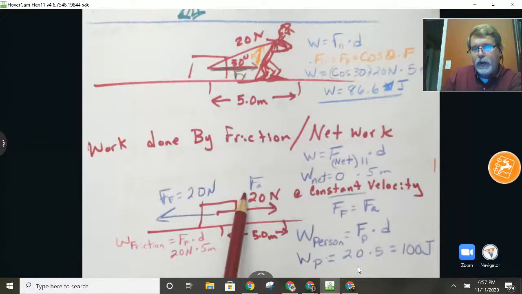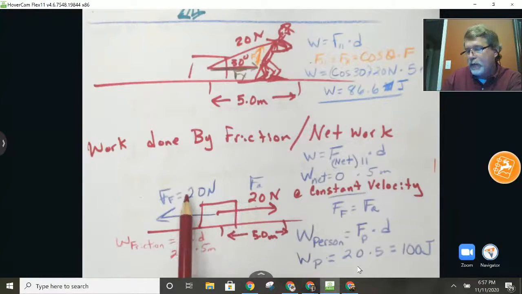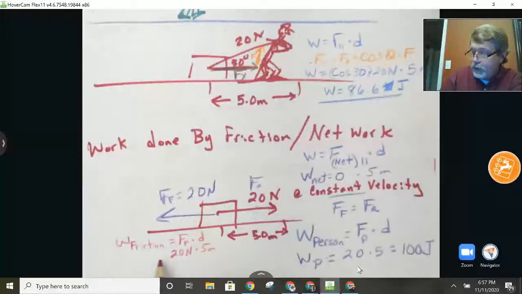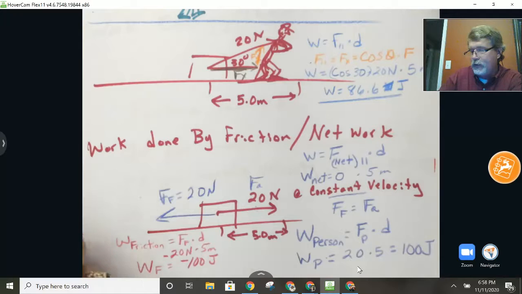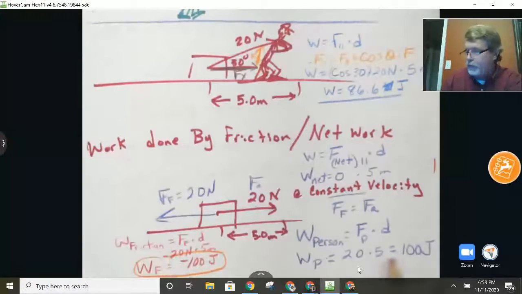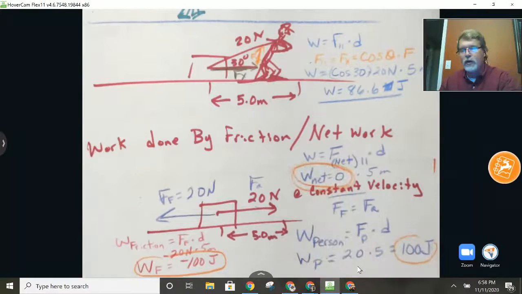If the 20 of the force applied is a positive, then the 20 of the force of friction is a negative. So the work done by friction is going to equal negative 100 joules. All right, so then if we just simply take the net work, so we take the negative 100 and the positive 100, we get back to our net work of 0.